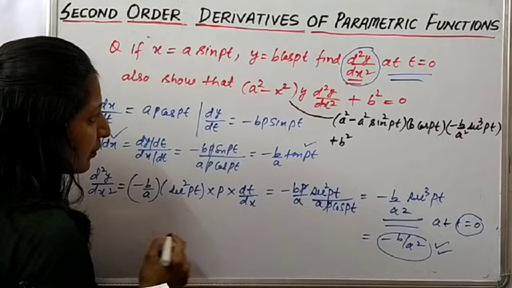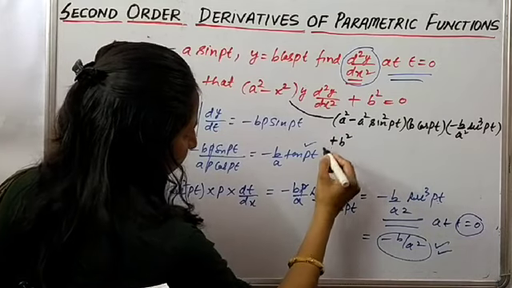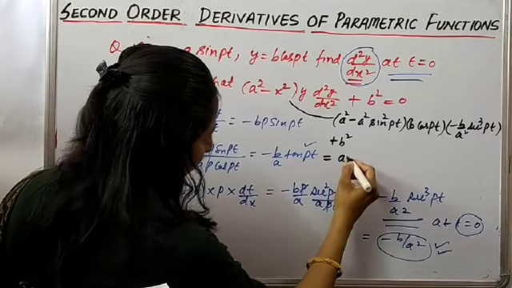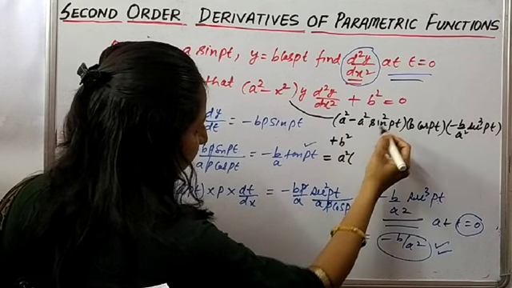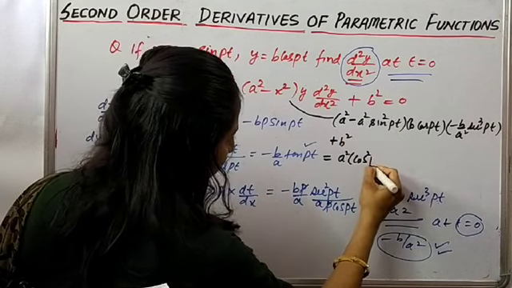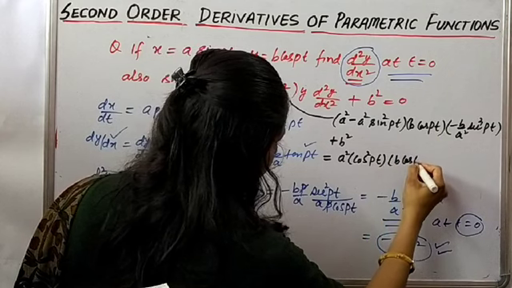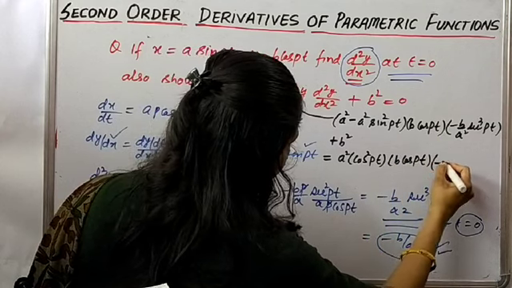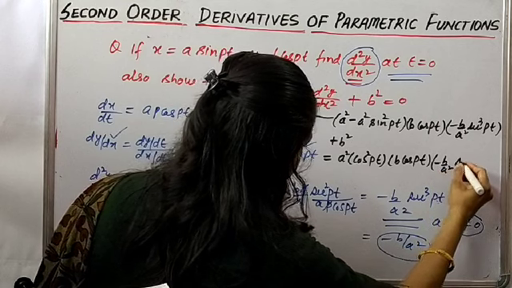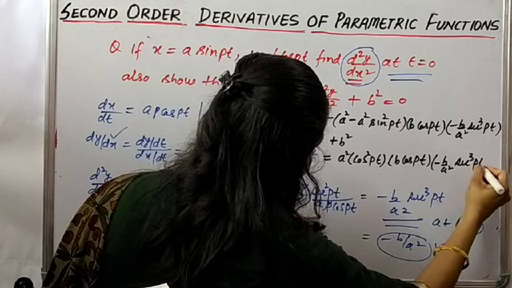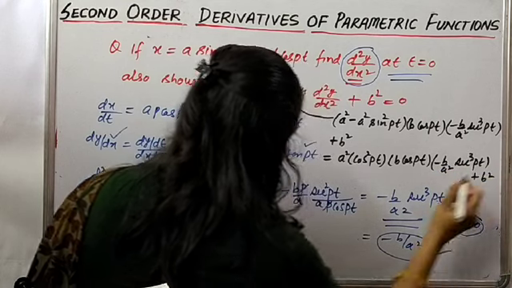Okay. Now, from here we will take a square common. 1 minus sin square pt will be cos square pt. Okay. Then b cos pt. Then minus b upon a square secant cube pt plus b square.